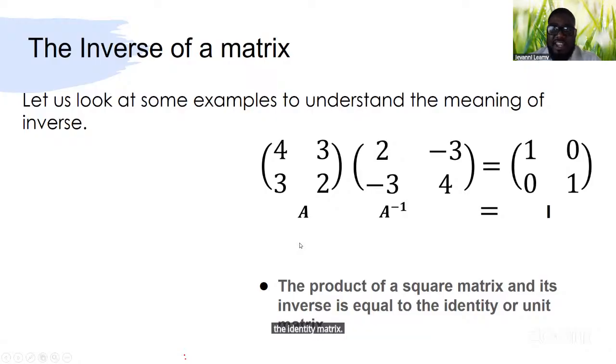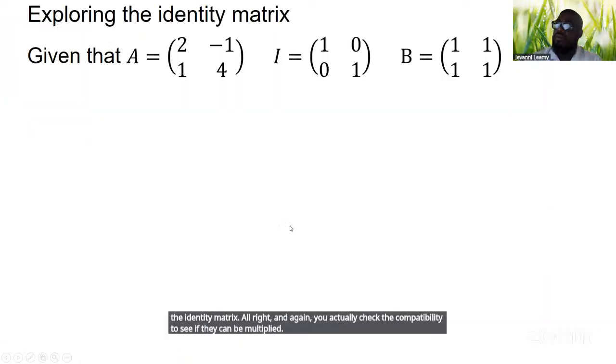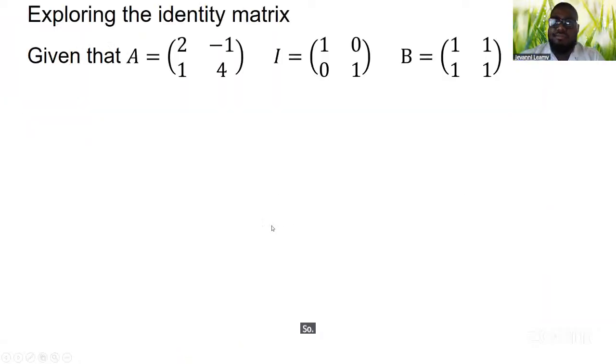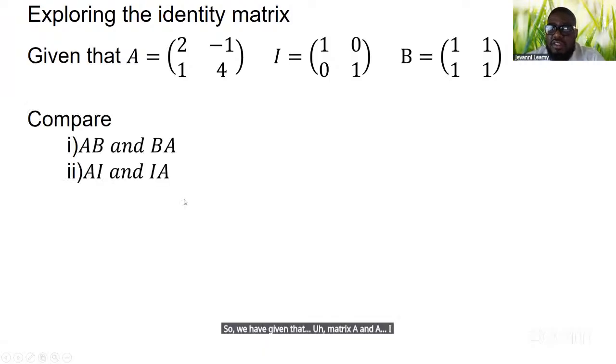And again, you'll have to check the compatibility to see if they can be multiplied. We have been given matrices A, I, and B. I want the boys to do matrix AB, the product of AB, and the girls will do matrix BA. I'll give 2 minutes, give or take.